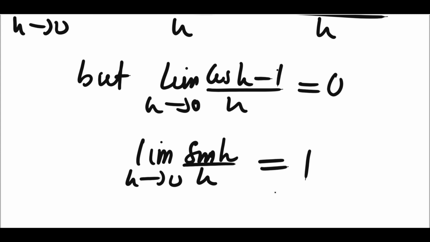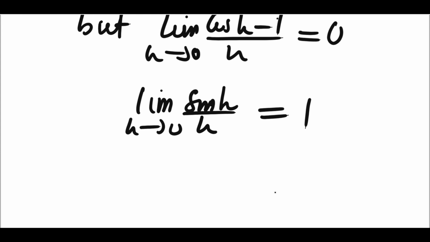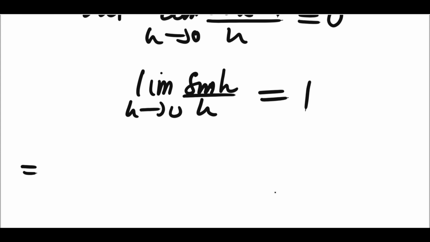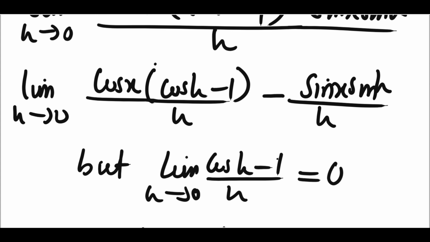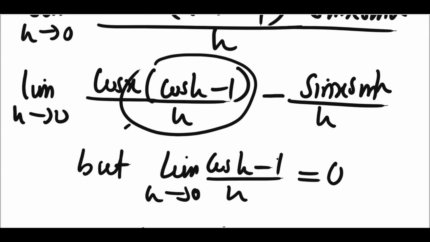When you take the limit of this as h approaches 0, the whole of this will be 0. And yet we have sin h over h, so that part becomes 1.